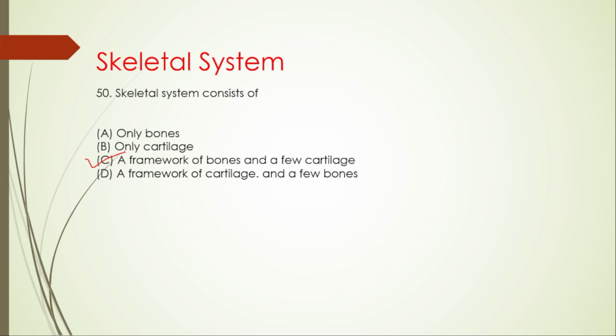While bones form the primary structure, cartilage plays a very crucial role in providing flexibility and cushioning at the joints, like nose, ears and between vertebrae. So the skeletal system is a framework of both bones and a few cartilage.